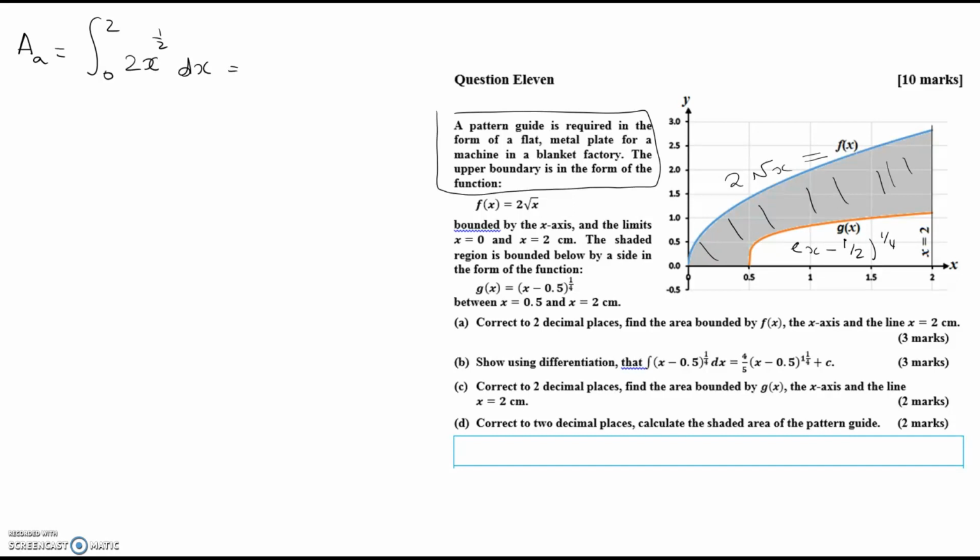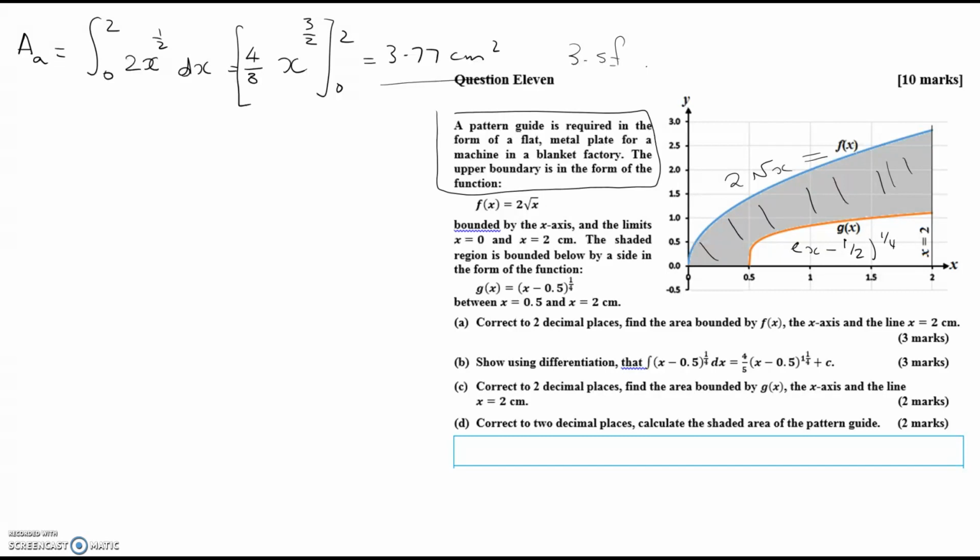And that would be x to the power of 3 over 2 over 3 over 2, but it was already times 2, so it would be 4 over 3, and we're going to find that between 2 and 0. So put it in the calculator and you get 3.77 centimetres squared.